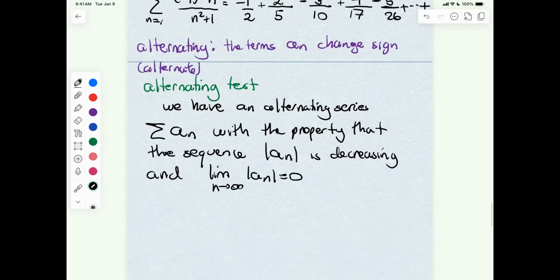In other words, the summands are decreasing in absolute value and converging to zero.